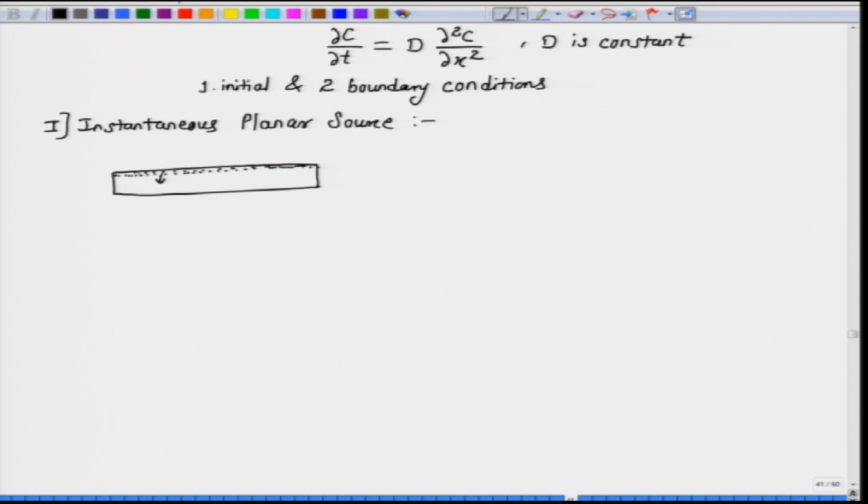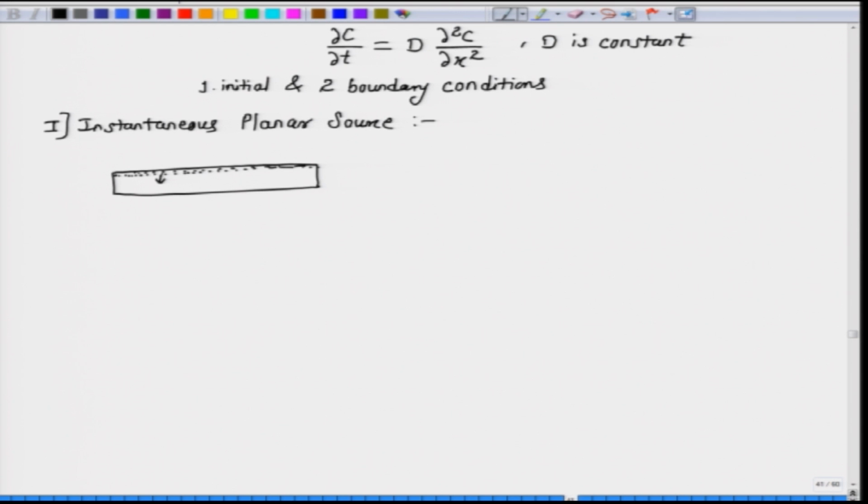What is the initial condition here? So, to start with, there is no dopant in the silicon, or if we are considering the diffusion of let us say material B in A, initially A is pure. The initial concentration of B in A is 0. Right.